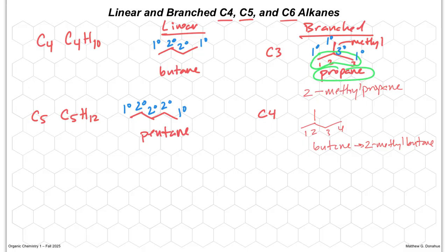So a common sort of question is, can it be 3-methyl butane? So the answer for that is no, because once you determine the longest chain, the substituents have to get the lowest possible position they can.